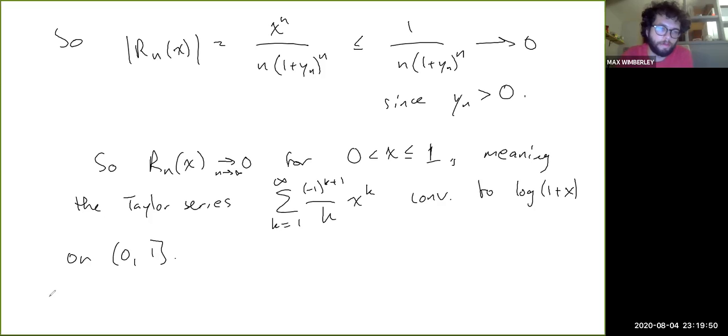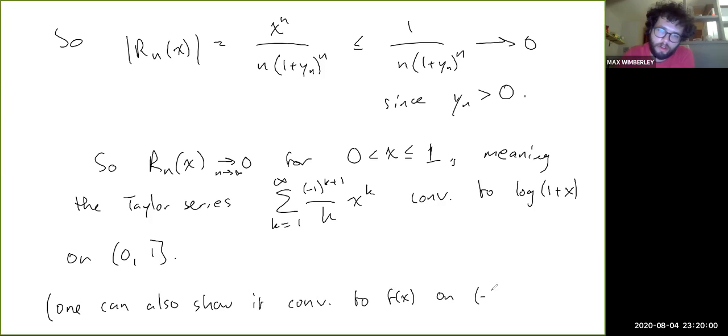Of course, one can also show it converges to f of x on the other part of the domain, but I'm not really interested in that right now.